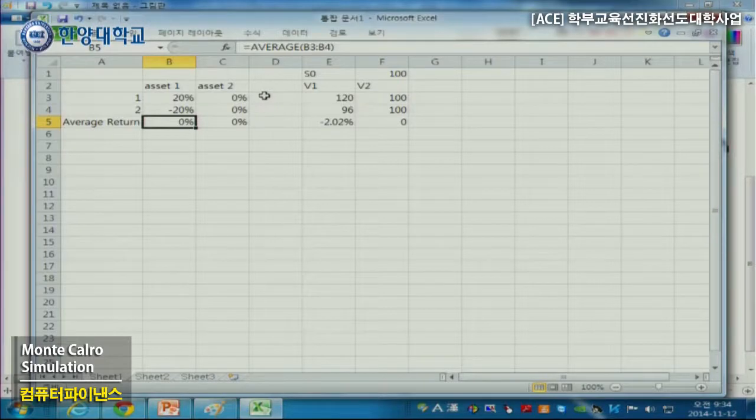If we increase the variance more and more, actually our return decreases. It is because of the convexity adjustment. So we know that volatility is very bad, right? The more volatility, the less money we actually make. And we have to take that into account when we simulate stock price.